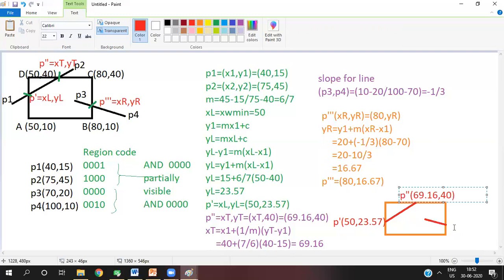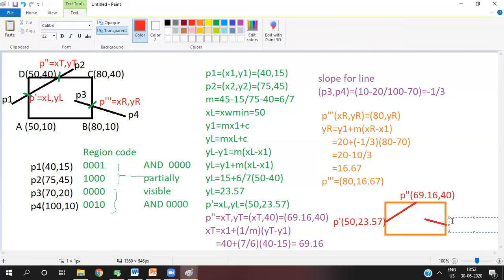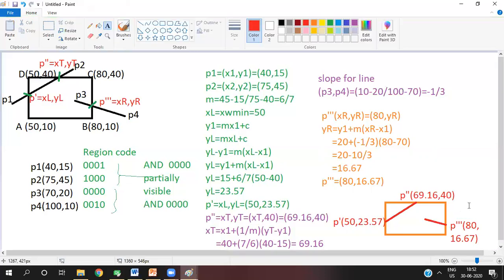Okay, and here it is p triple dash, 80 comma 16.67. Yes, this is the value. Fine. And p3 is as it is. Point p3 is as it is.